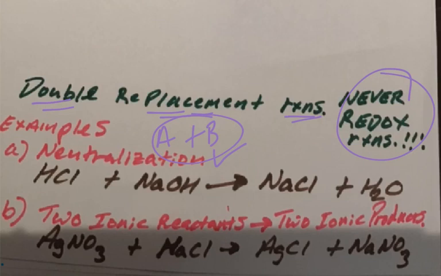And if you notice, if you have two ionic substances on your reactant side and two ionic substances on your product side, that's also going to be double replacement, and they will not be redox. Now, I'm going to prove to you that this neutralization reaction in A is not redox. You can do B for yourselves, put numbers in, and you'll see they won't change.